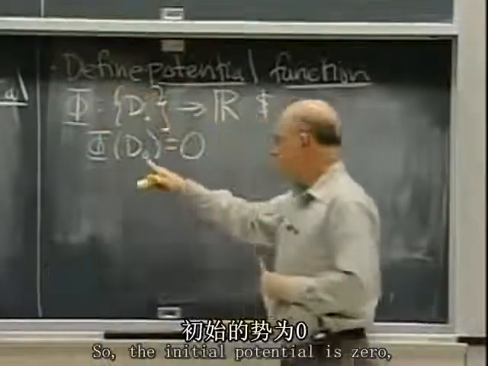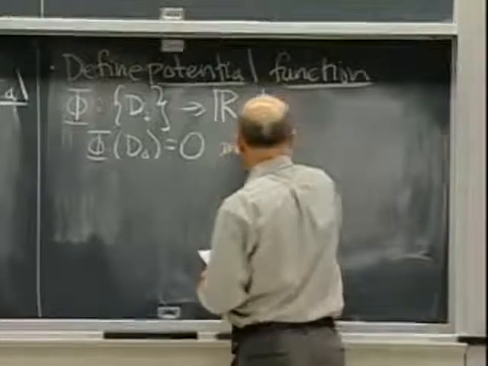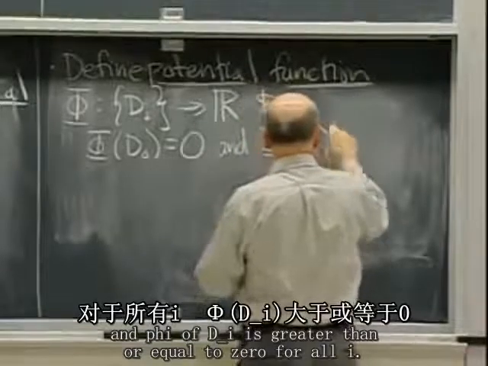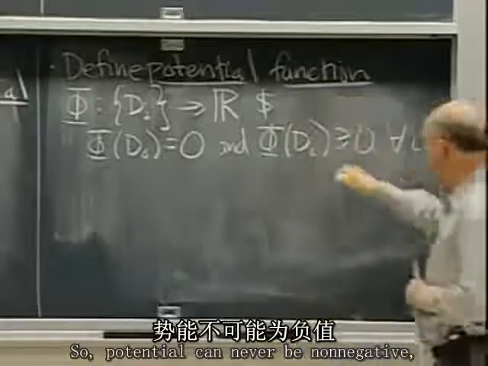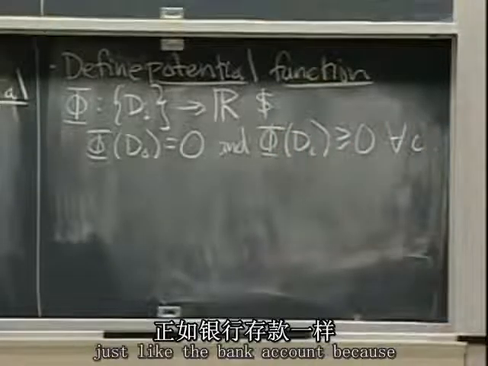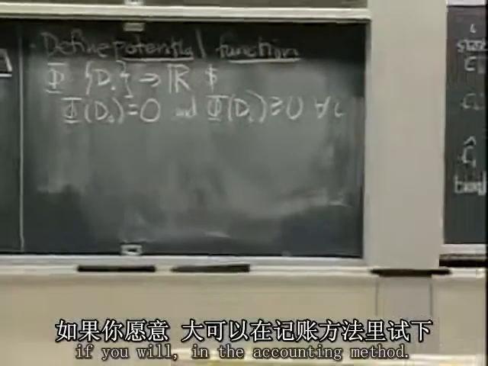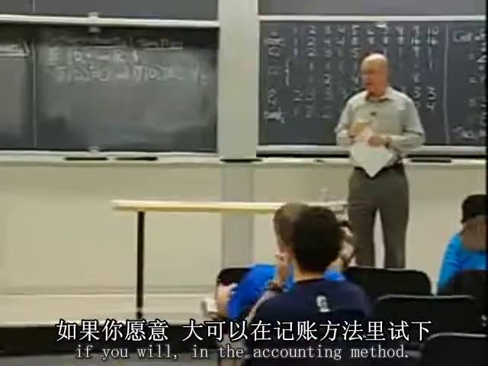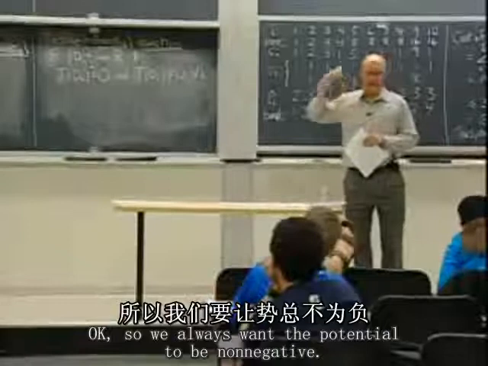So the initial potential is 0. And phi of D sub i is greater than or equal to 0 for all i. So the potential can never be negative, just like the bank account, because the potential is essentially representing the bank account, if you will, in the accounting method. So we always want the potential to be non-negative.